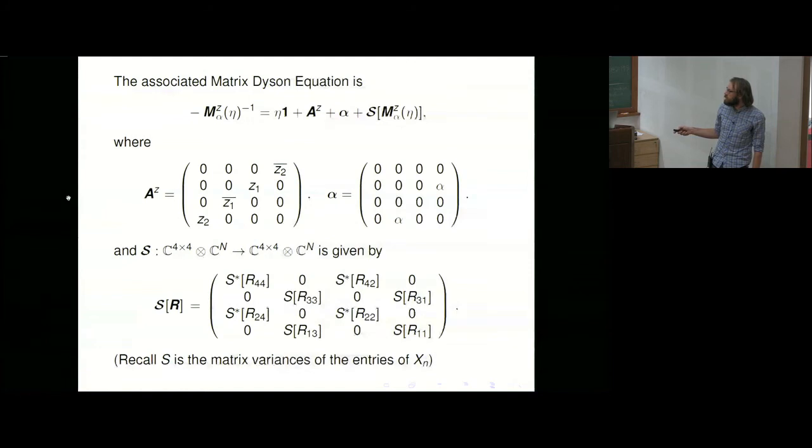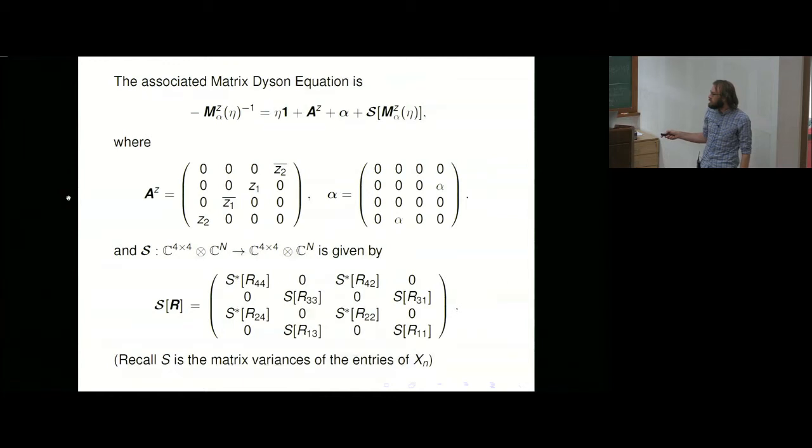So S is going to take 4x4 block matrices, and it turns out for this case we just need to consider diagonal block matrices. So this will be a diagonal matrix, and for this computation, we'll identify diagonal matrices with vectors. I take my 4x4 matrix with diagonal blocks. And then S is going to act by taking my matrix R, which is just an arbitrary matrix made up of 4x4 blocks with diagonal blocks, and it's going to permute the entries around.